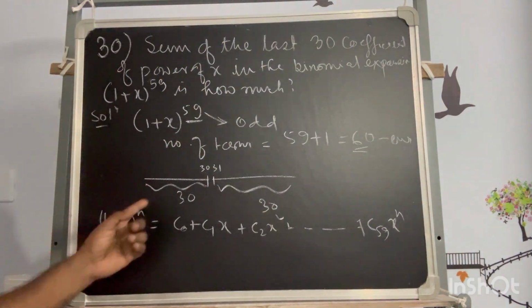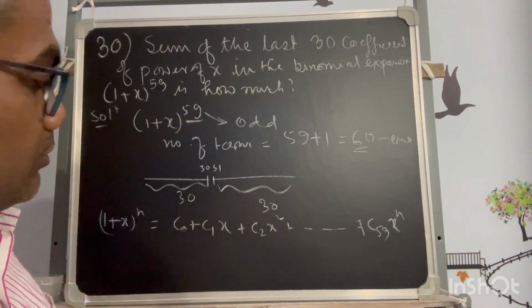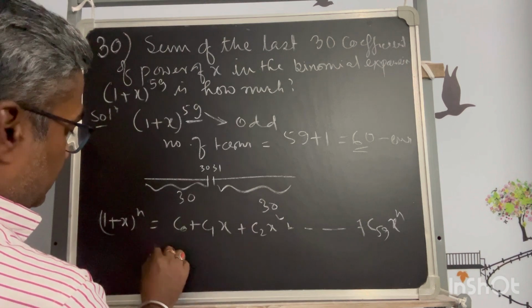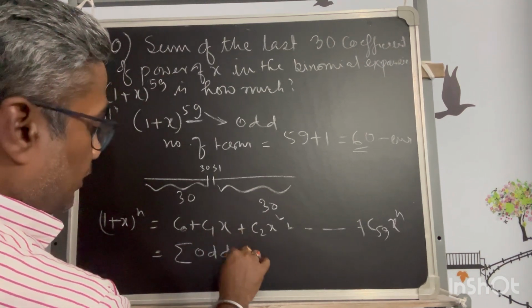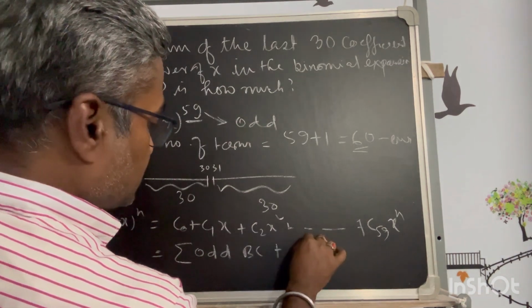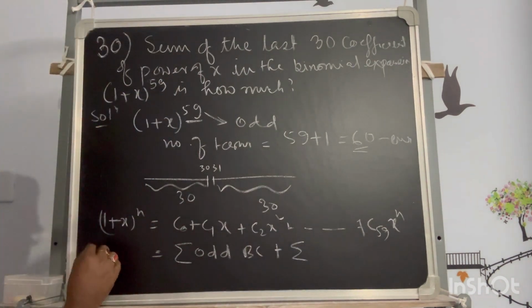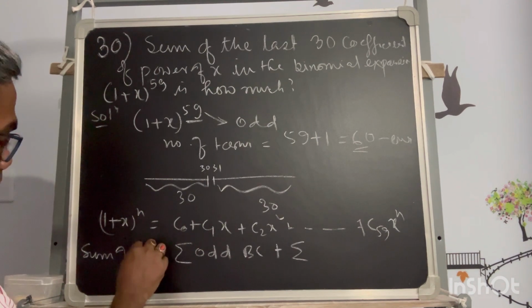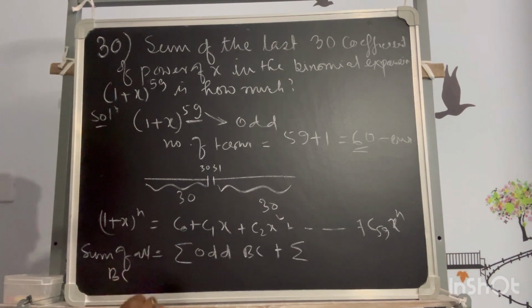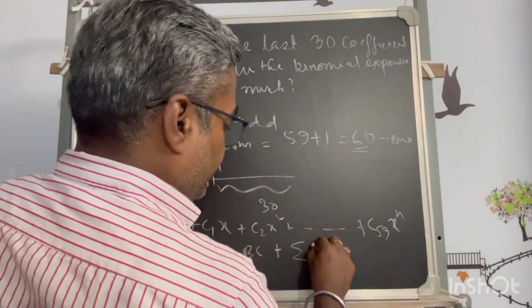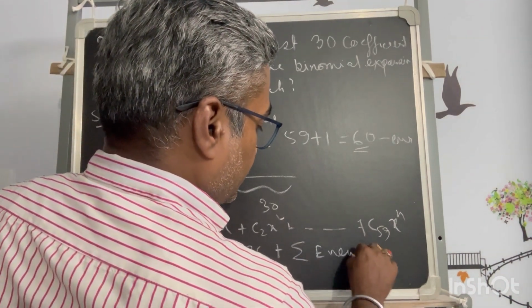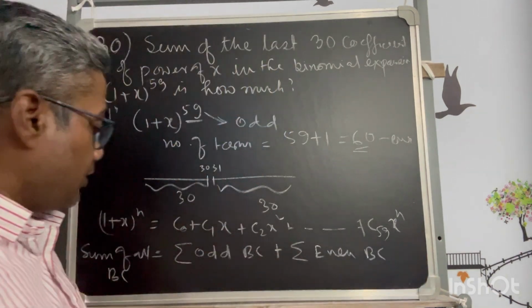Now, the binomial coefficients: the sum of all binomial coefficients is nothing but the sum of odd binomial coefficients plus the sum of even binomial coefficients, which we have proved already.